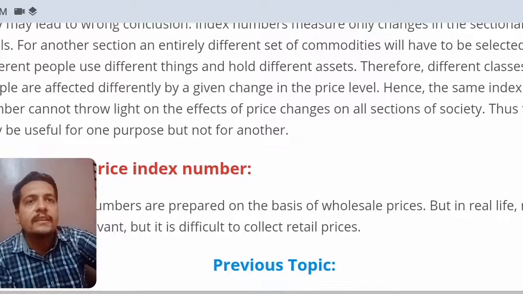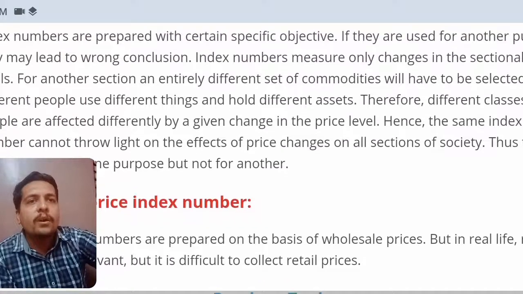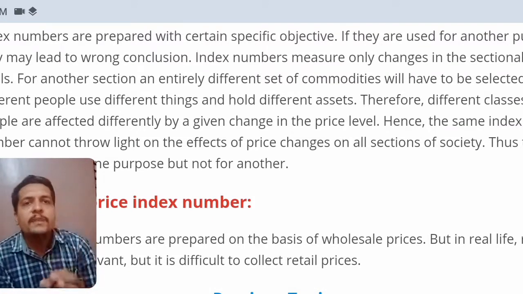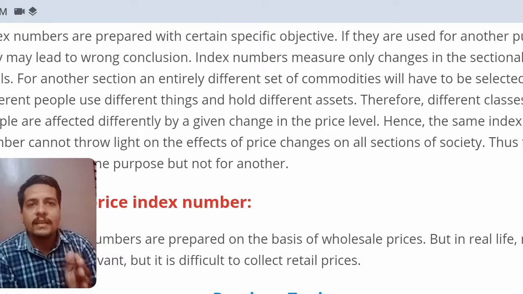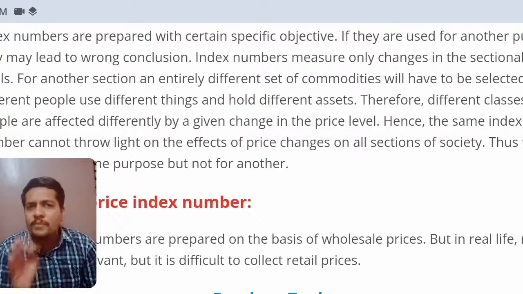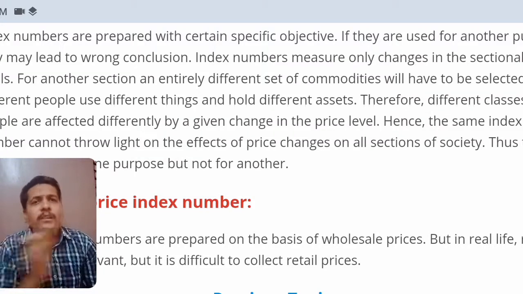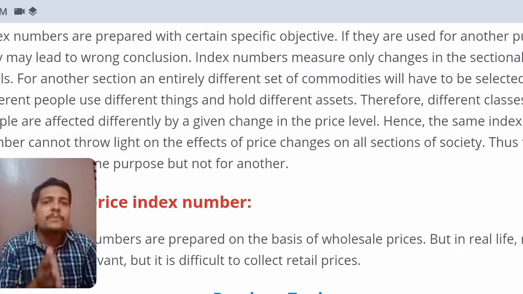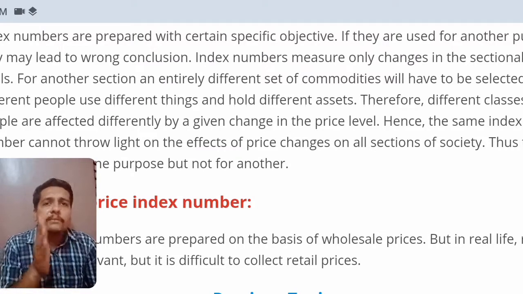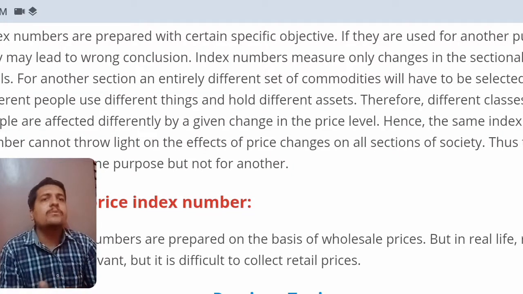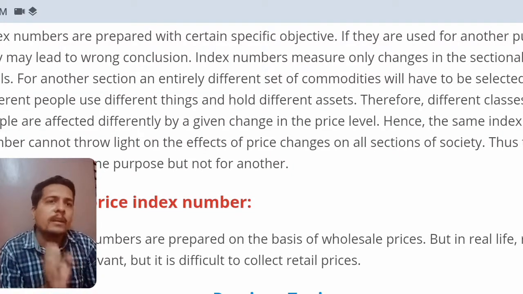An entirely different set of commodities will have to be selected, as different people use different things and hold different assets. This is very much important. All people, all commodities, all states, all countries have different policies and different living standards as well as different choices. So it is very difficult to cover certain objectives.